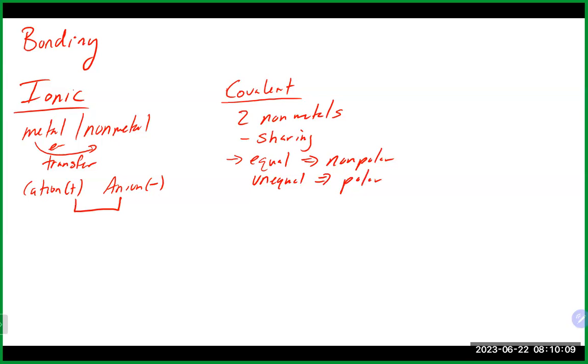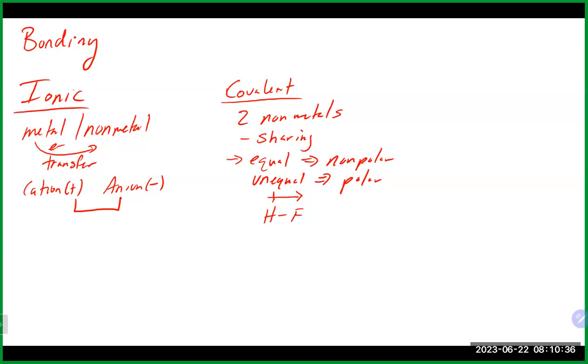The result of an unequal sharing of electrons in a polar bond results in really the electrons being at one side of the bond versus the other. So for example, we looked at HF, and because F is more electronegative, what will happen in that bond between hydrogen and fluorine is that the fluorine will really kind of pull those electrons closer to its side than the hydrogen side.